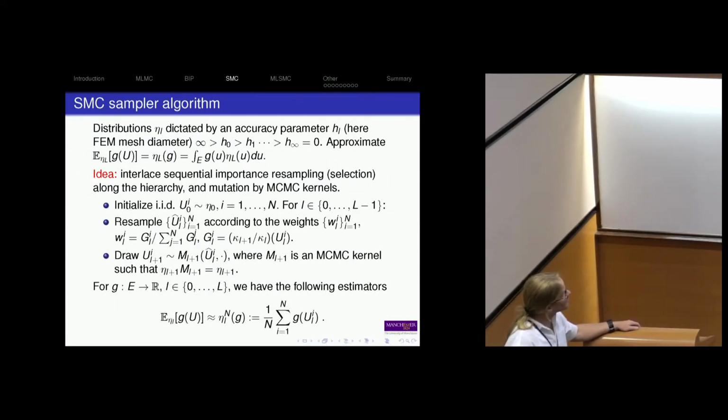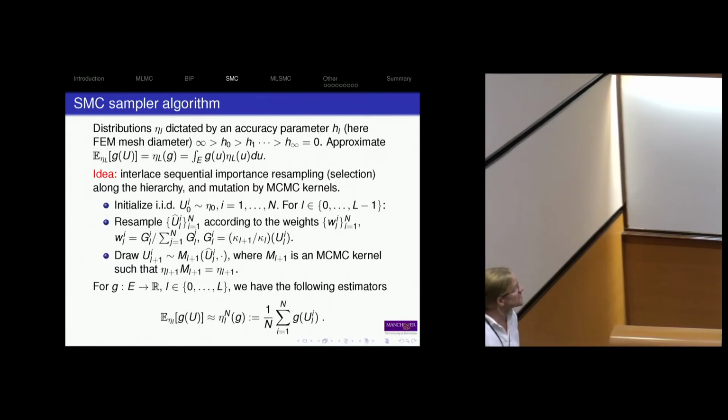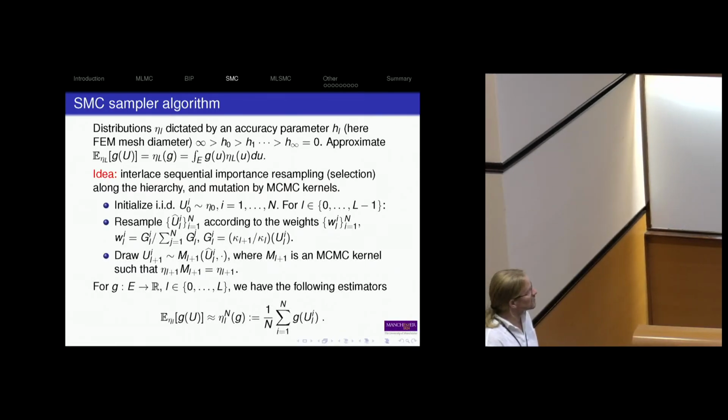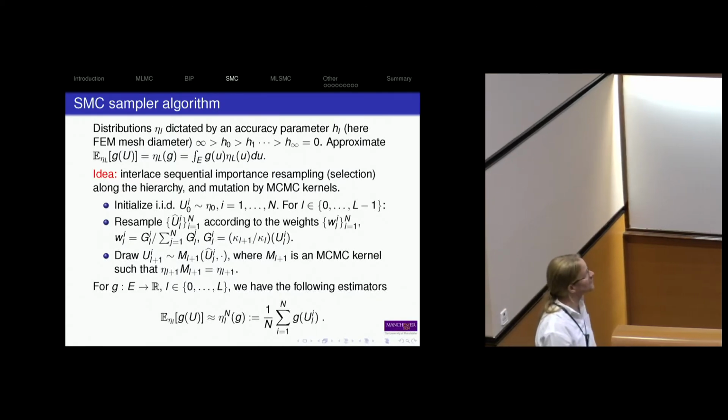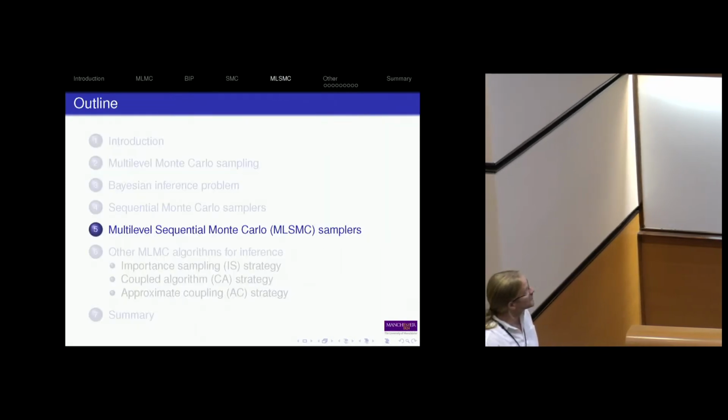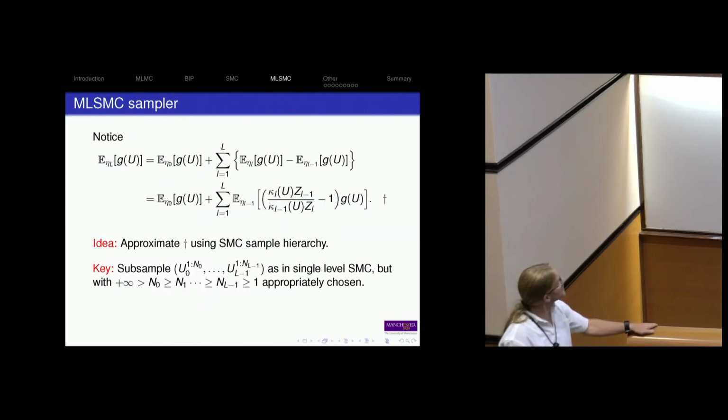All right, so assuming that we save those samples all the way along these iterations, then in fact we have estimators for each level L of the expected value of E_L for some function g, given in terms of the empirical average over those N samples. Ordinarily what you would do is throw away all the samples up to level capital L, and then just use those capital N samples at level capital L to estimate the final target.